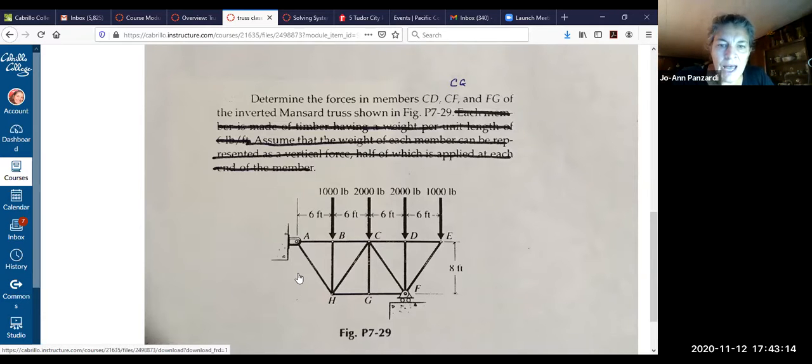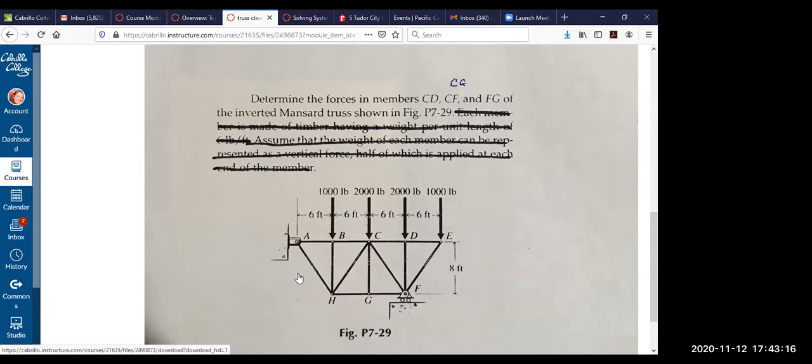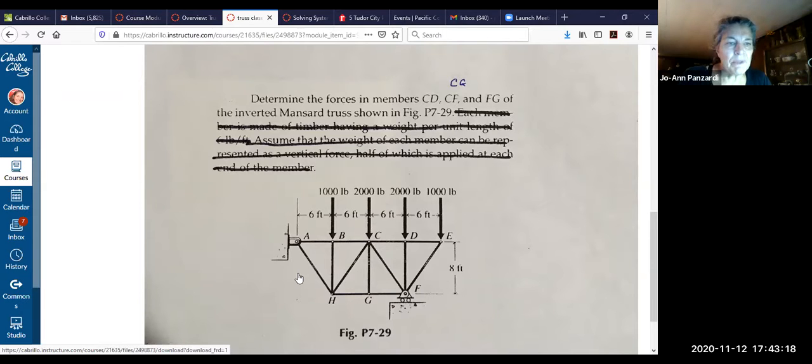So actually, I don't know if you guys already calculated them, but sum of the forces in the X equals 0 leads to AX equals 0, as Laura said. Sum of the moments about A equals 0 led to FY being 5,000 pounds.